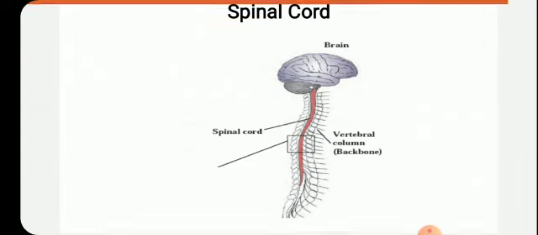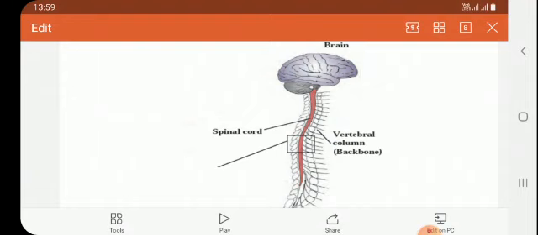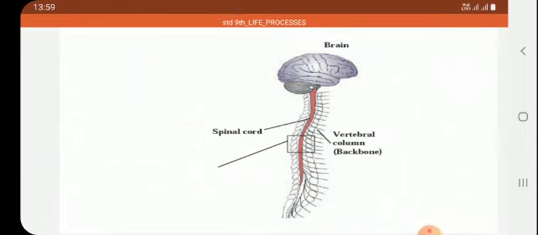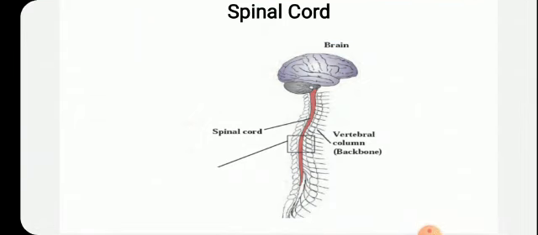After that, the next important function is the coordination of the reflex action. You studied reflex action in 7th standard also, and I will explain it in the autonomous nervous system. It is a sudden reaction given to a stimulus, that is the reflex action. Okay, children, this is all about the spinal cord.